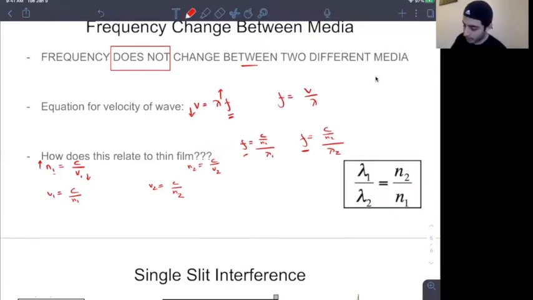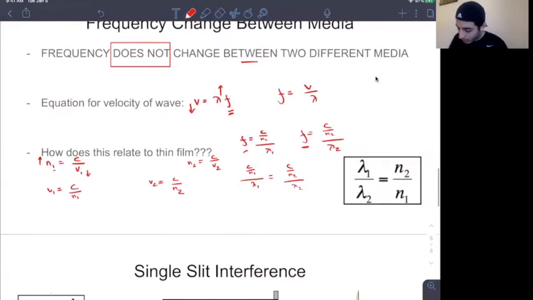So we set these equal to each other, and we get c over n1 over L1 equals c over n2 over L2. And then we can multiply each side by the wavelengths, and we'll get c over n1 times L2 equals c over n2 times L1.